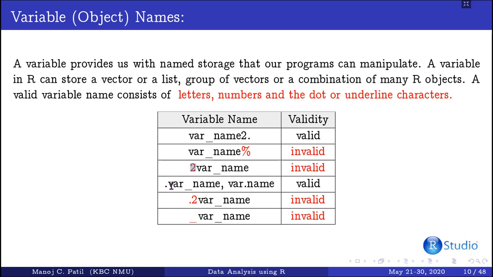You can start with a dot. The dot may be at the start, in the middle, or at the end, and it will not create any error, so it's valid. But if you are using dot and number, then it's invalid. So you can't start with a number, or with a dot and number. You also can't start with an underscore. These are the valid and these are the invalid.